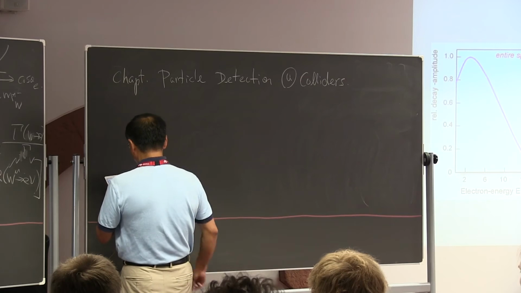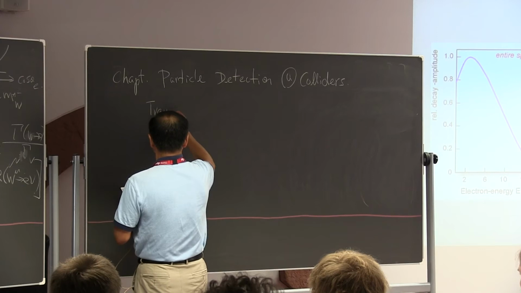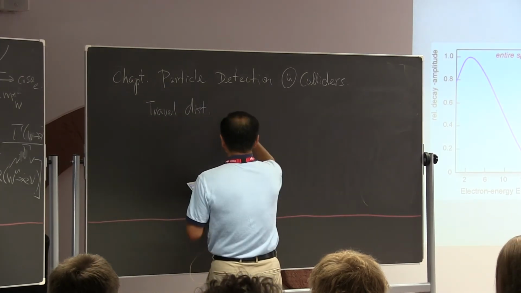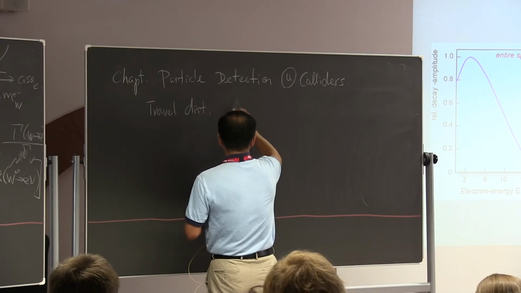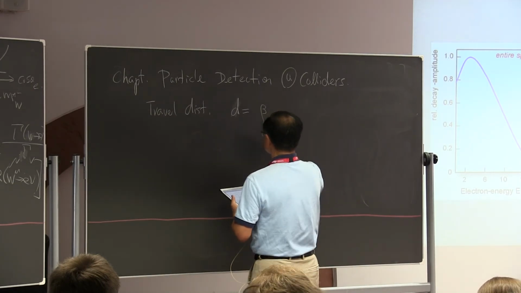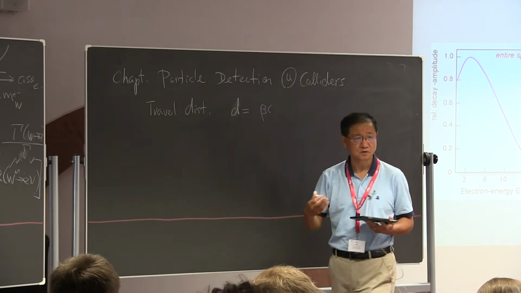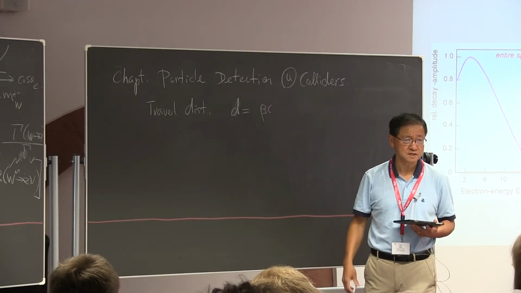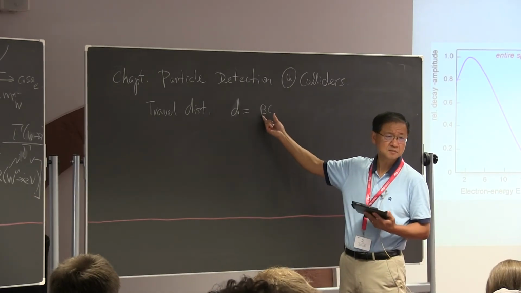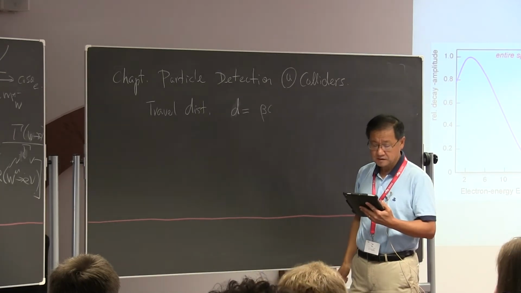Okay, so first of all, let's think about the travel distance for a particle. Particles are typically relativistic. Beta is the velocity in units of c, but beta c is the real velocity in our normal units, not in natural units, so that would typically be in meters, centimeters, or something like that. In natural units c is 1, but this is the distance.